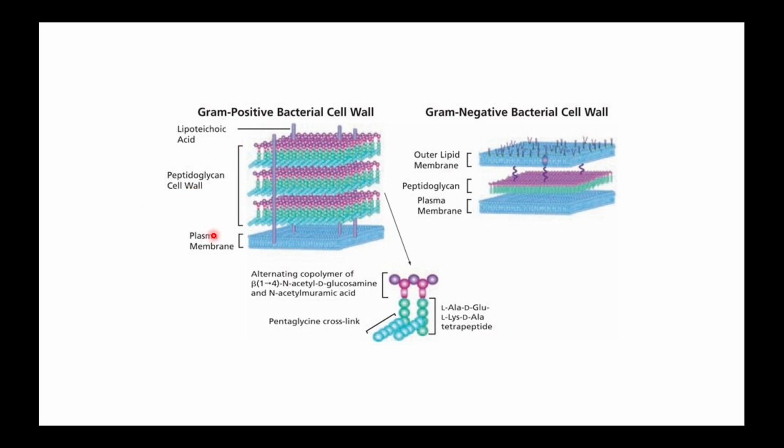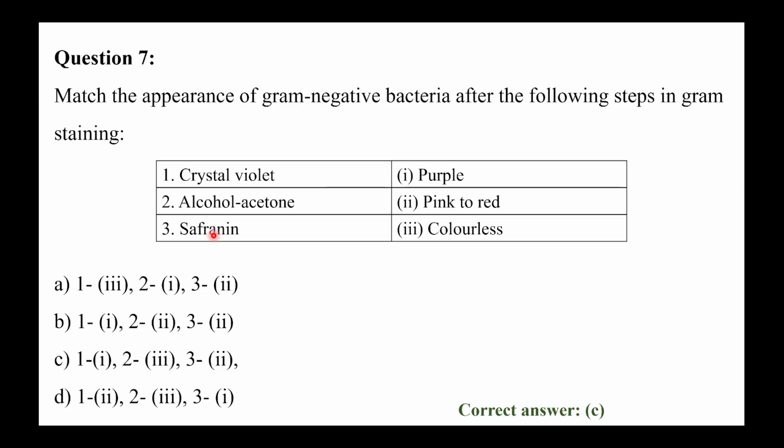For gram positive, the crystal violet doesn't wash off easily. After decolorization using alcohol, the gram negative cells will appear colorless. But the gram positive cells will still appear purple, because the crystal violet seeps into the thick layer of peptidoglycan and does not leave even after washing with alcohol.